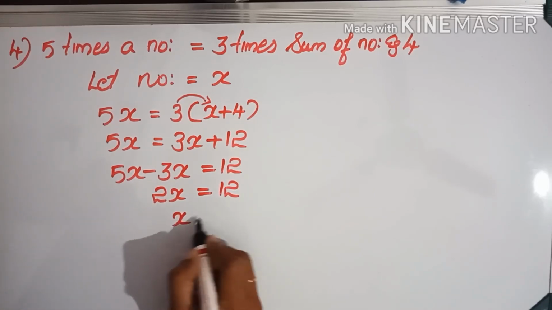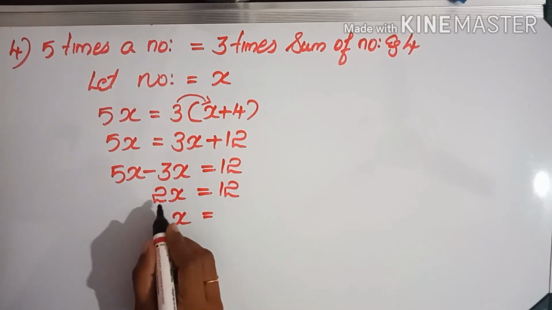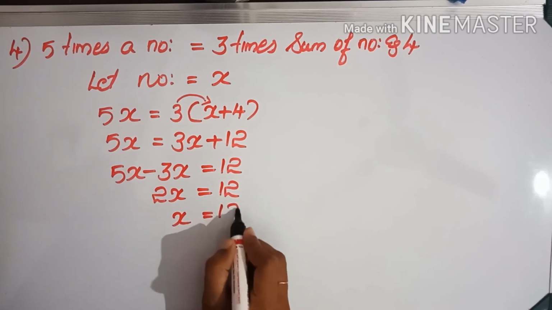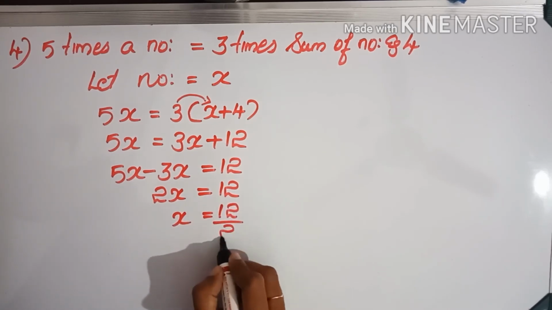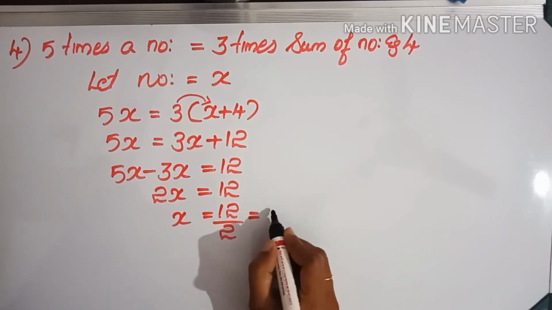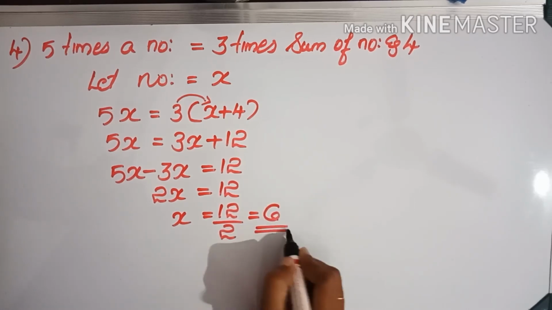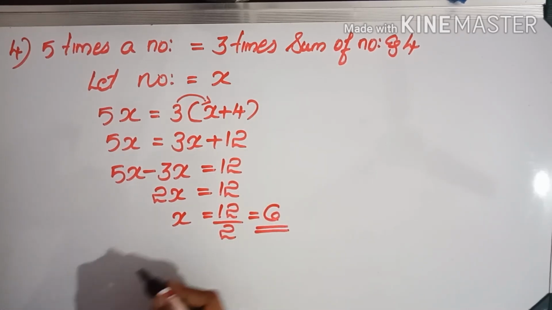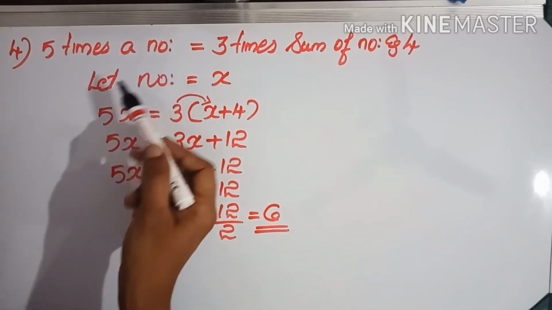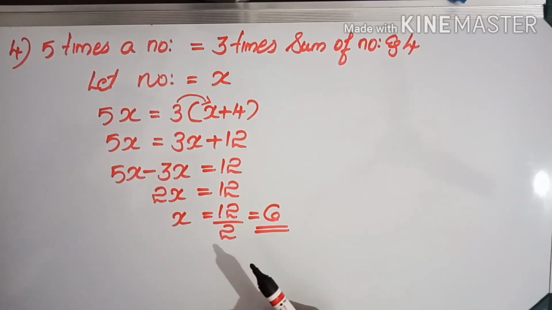Then keep x here and take the 2 to the other side, where it is divided by 2. 12 by 2 is 6. So the number is 6. This is the answer.